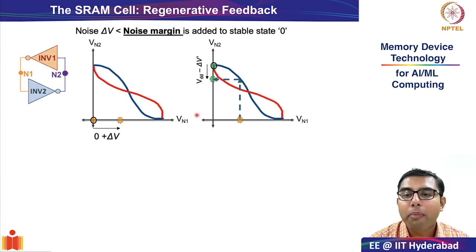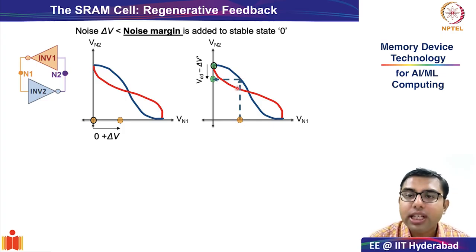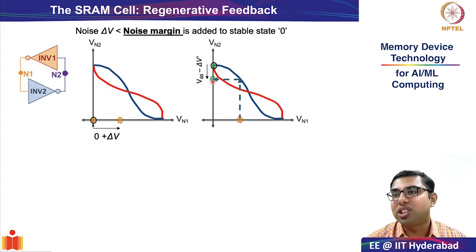And that we do by projecting the input on the blue curve. So what we do is, we project what will be the corresponding output of VN2, and we see that the corresponding output of VN2 will be VDD minus delta V dash.